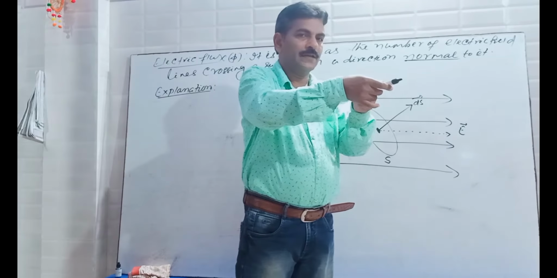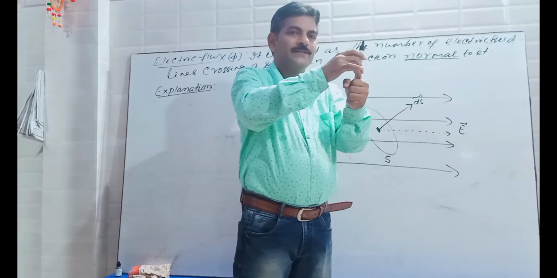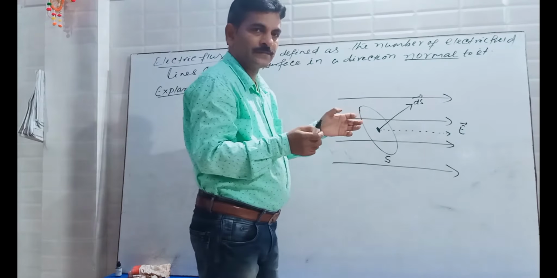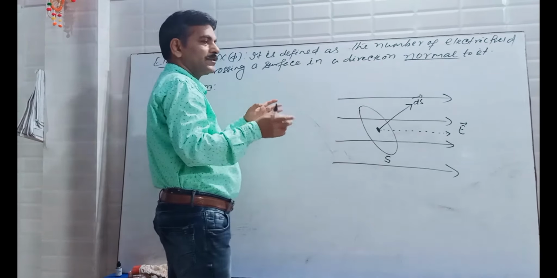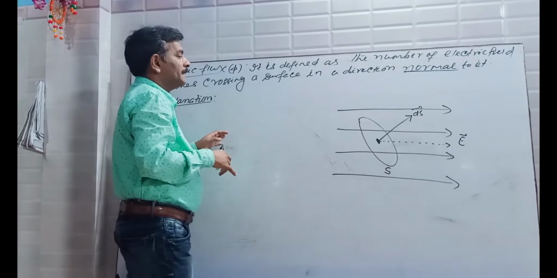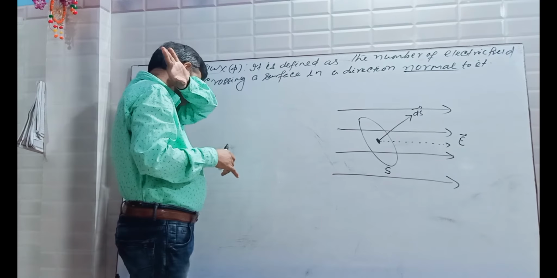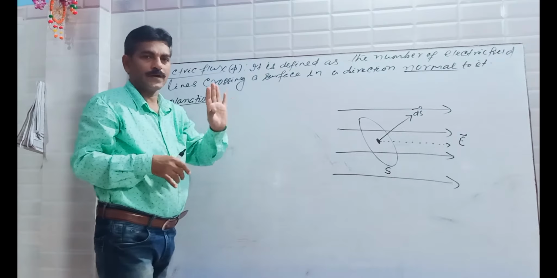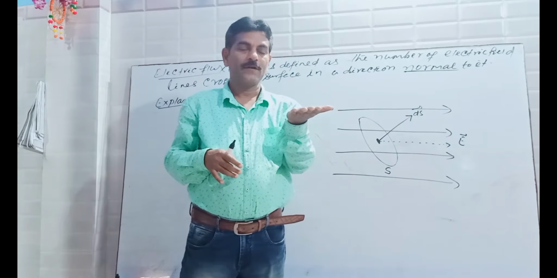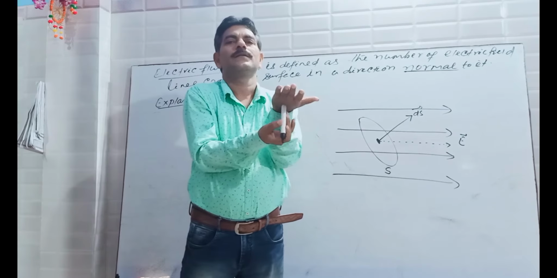Here the area vector is along this direction, here also, here also, here also. That means for a closed surface, the area vector is always the outward normal. But for an open sheet, the area vector is either perpendicular up or perpendicular down.